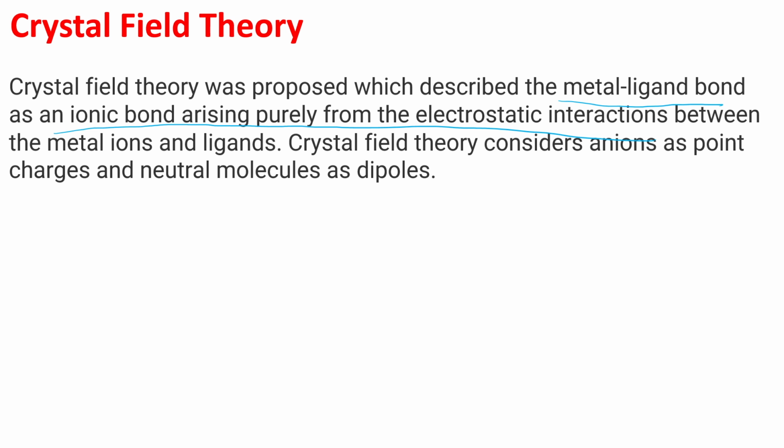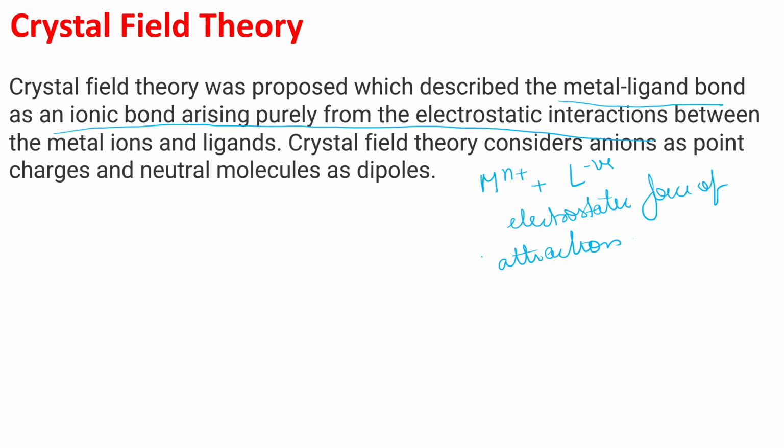But in crystal field theory, they are saying that metal is positive charge, ligand is negative charge, so there is an electrostatic force of attraction between them. Crystal field theory basically considers ligands as anions, as point charges, and neutral molecules as dipoles.